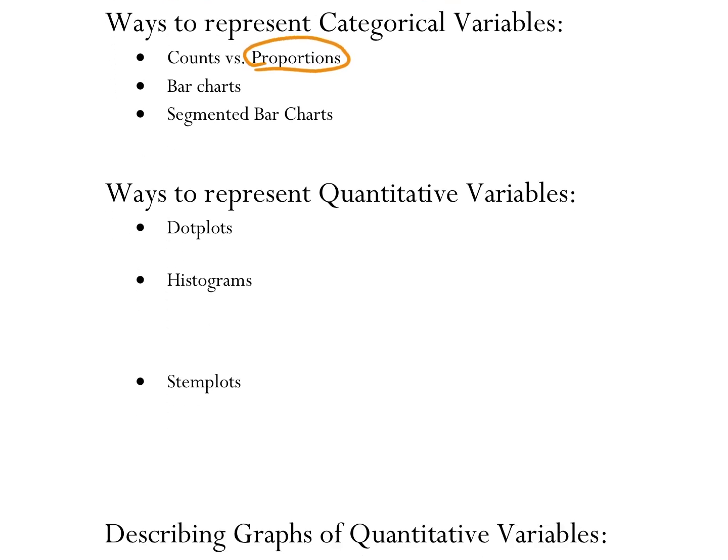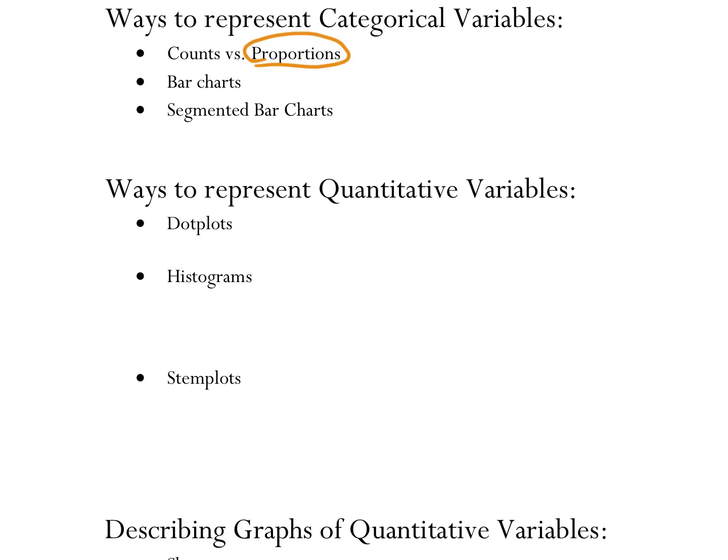Now, when it comes to quantitative variables, which is the bulk of what we're going to talk about in Unit 1, we can represent them a lot of different ways. We can do a dot plot where we have our axis and we make dots, right? If you're ever asked, you need to label and put a scale on that axis. Histogram is very similar.